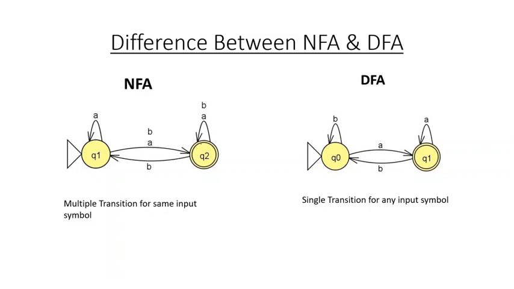In any transition diagram, if there is more than one transition for the same symbol to different states, then this is definitely an NFA. Whereas in a DFA, there is only one transition for each input symbol. So this is the basic difference between NFA and DFA.